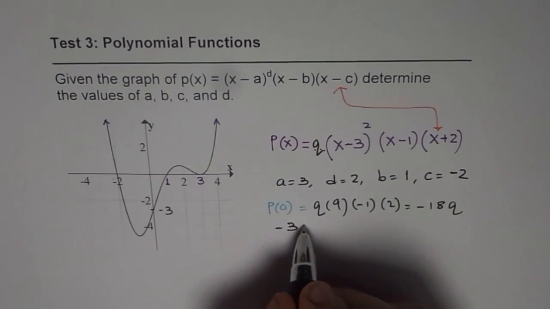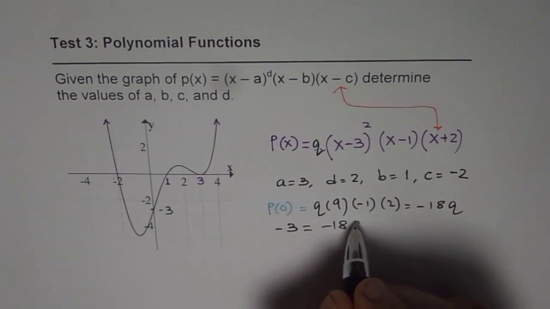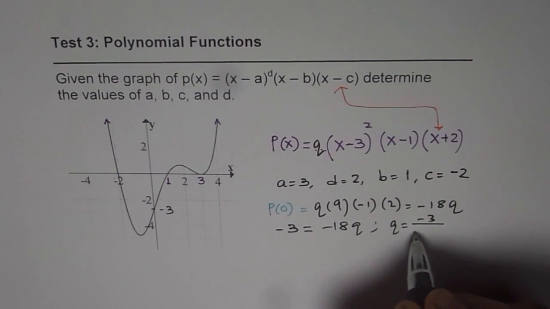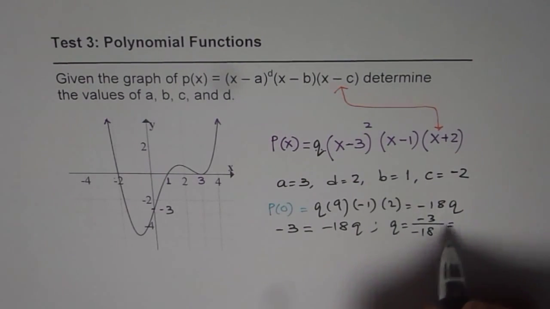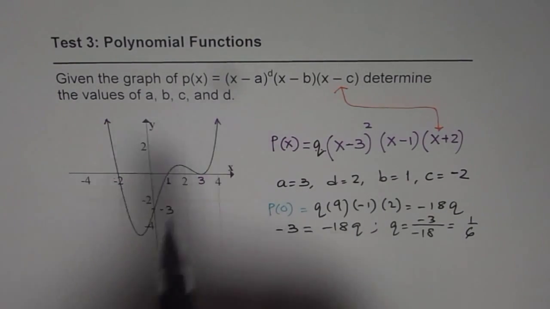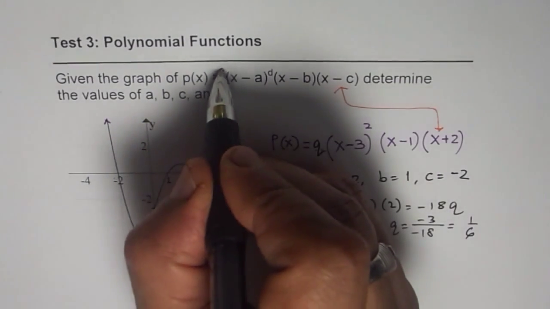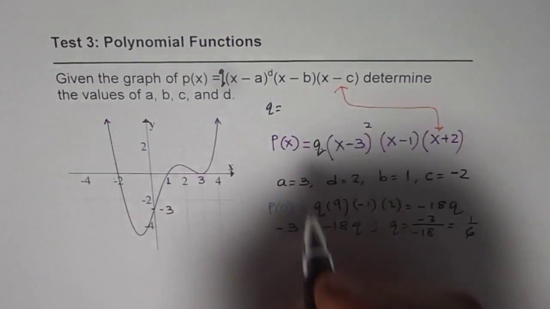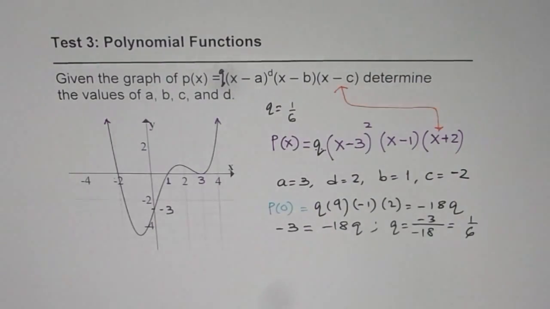So we can write minus 3 is equal to minus 18q. And that gives us q equals minus 3 over minus 18, which is 1/6, right? So truly speaking, there should have been some parameter here. Let me write q, and q should be equal to 1/6, correct?